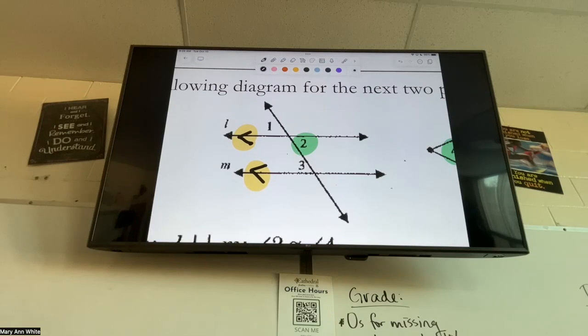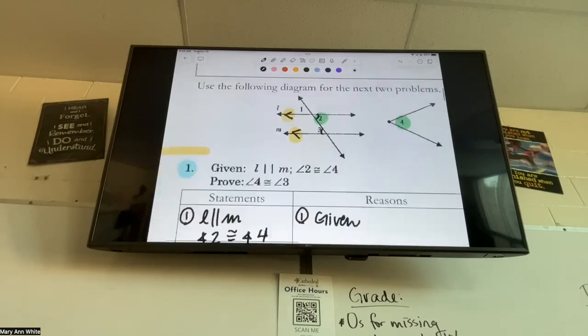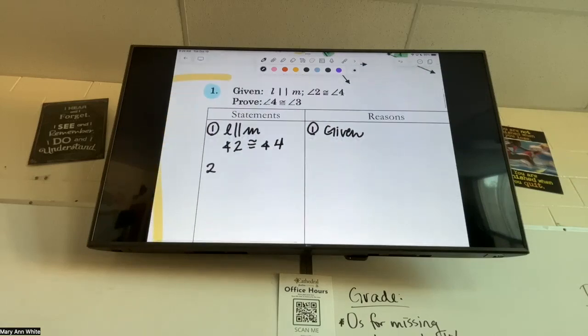Oh. 3 and 2. And I would let Sam do 3 and 1, but then we'd have to do another step to show 1 and 2 are congruent. It's even easier if we can just go and say 2 and 3 are congruent. Sam, why are 2 and 3 congruent? Alternate interior. So we can directly on step 2 say that angle 2 and 3 are congruent.